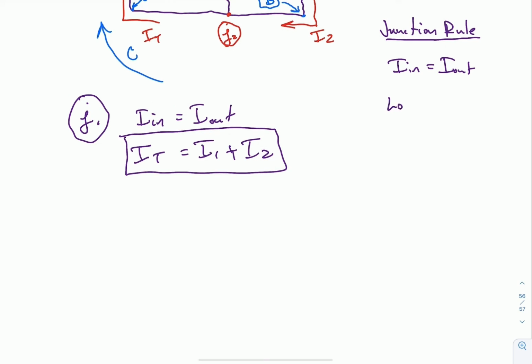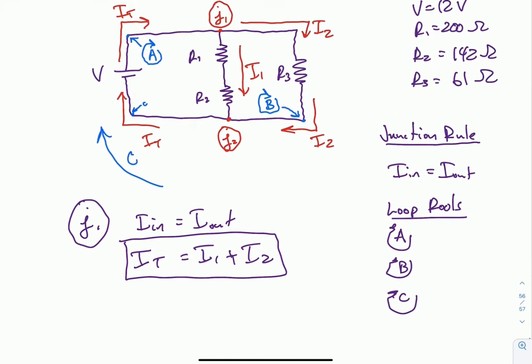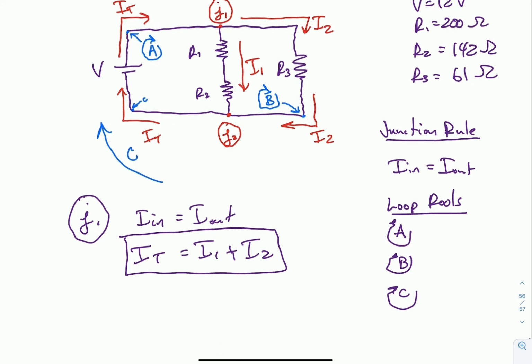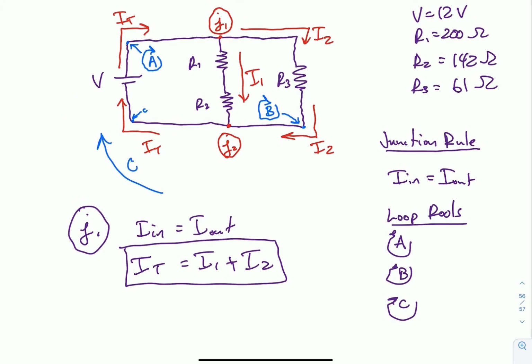Our loop rules, we have 3 loops to look at. We have A, B, and C. And technically, according to one of our conventions that I gave you in the previous video, we really only need 2 of these 3 loops because we need one more loop rule than junction rule to solve this.